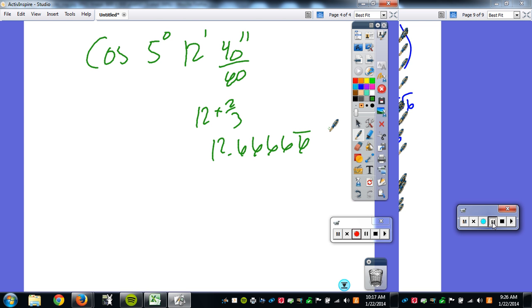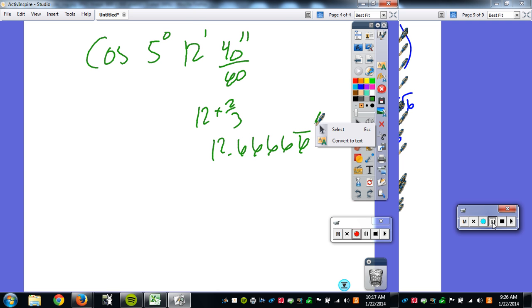I'm going to show you how to put it in your calculator. There is a way to use this, but I can't find any seconds in my calculator. I know how to deal with degrees and so forth, but I'm going to show you how to do it. So it's 12.66, but now this is minutes, right? Is everybody there?